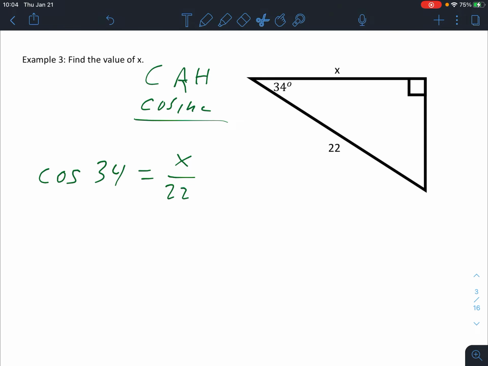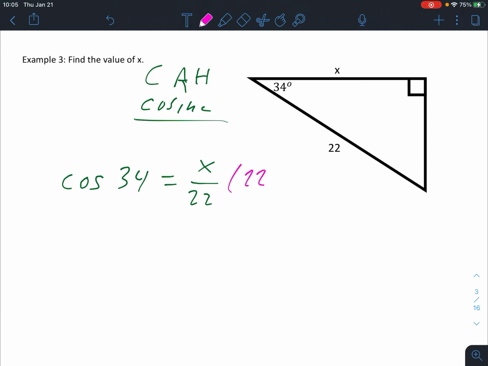This time, our variable is in the numerator. That's actually going to be a little bit easier to solve. So we're going to multiply both sides by 22.